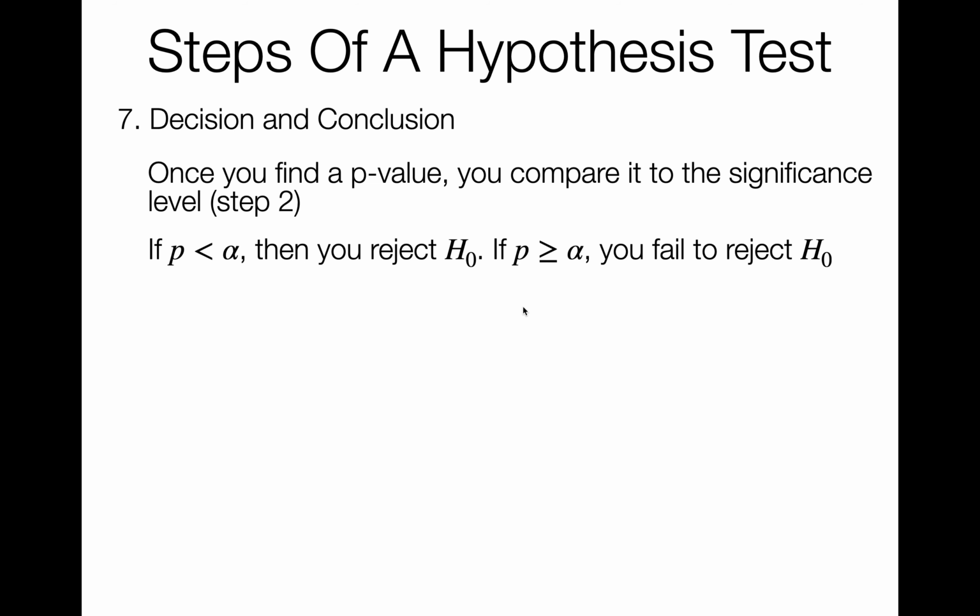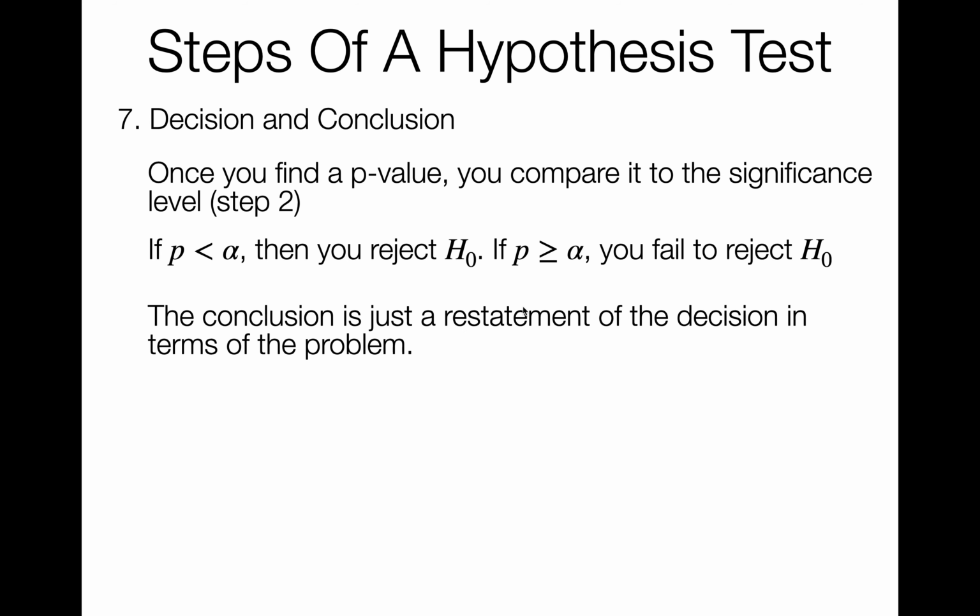If there's one thing operationally that you remember about hypothesis tests, it's this line: if p is less than alpha, you reject. If p is greater than or equal to alpha, you fail to reject the null hypothesis. So that's the decision. The decision is rejecting or failing to reject the null hypothesis.